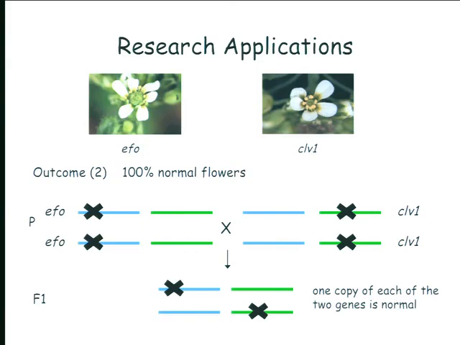So when you make the cross, in the gametes, you're going to get one defective blue copy and one normal green copy from EFO. From clavata1, you're going to get one normal blue copy and one defective green copy. So in the F1 plants, you're going to have one normal copy of EFO, conferring a wild-type EFO phenotype. You're also going to have one wild-type copy of clavata1, producing a wild-type clavata1 phenotype. One copy of each of the genes is normal. You get normal flowers back.